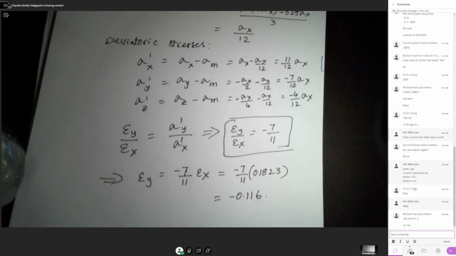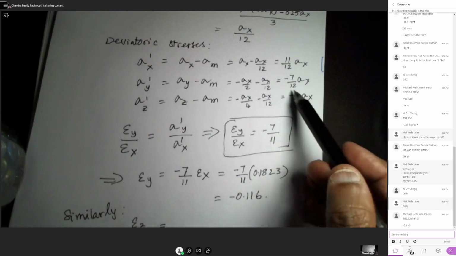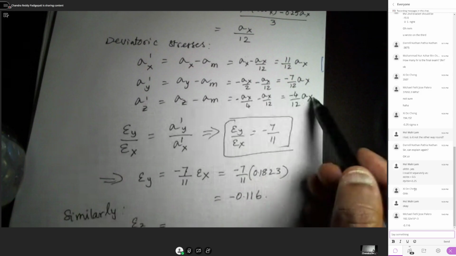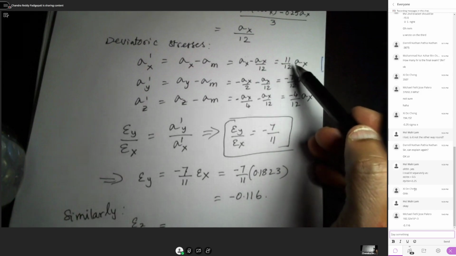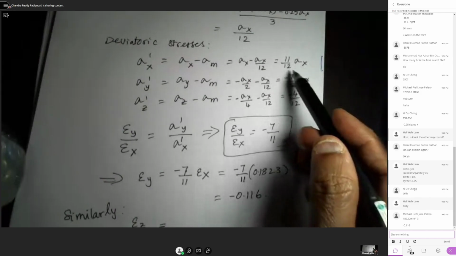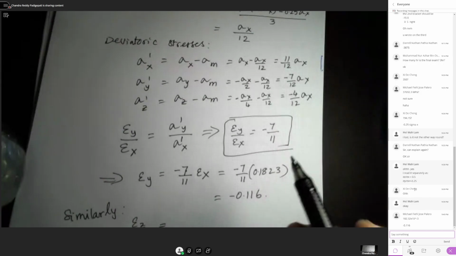Now, similarly, you can also calculate the strain along z. So strain along the z-axis over strain along the x-axis, you can take the ratio of deviatoric stress along z over deviatoric stress along x. So this ratio will be negative 4 over 11.